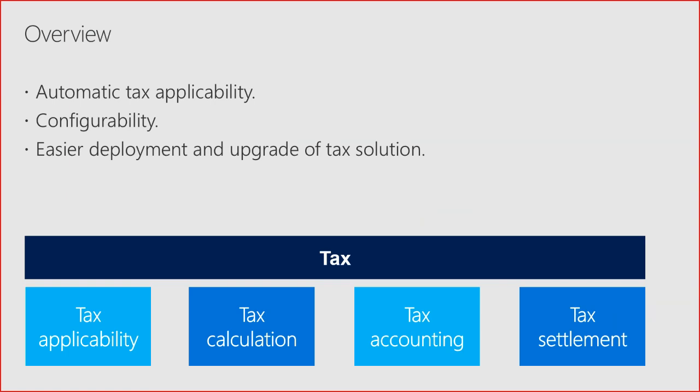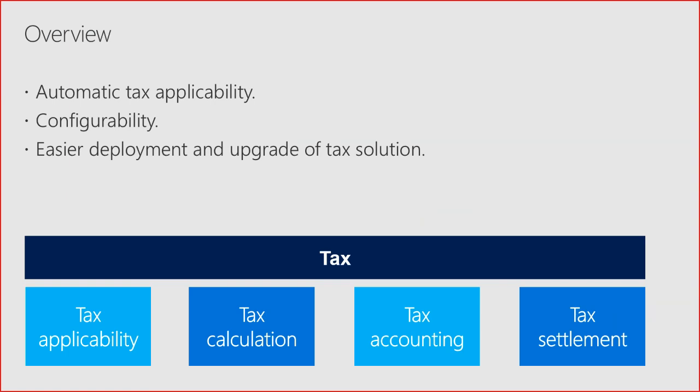But in our new GTE, the user who enters a sales document or purchase document doesn't need to worry about the correct tax type or the correct tax rate. He just enters the transaction directly and doesn't need to worry about the taxability logic.